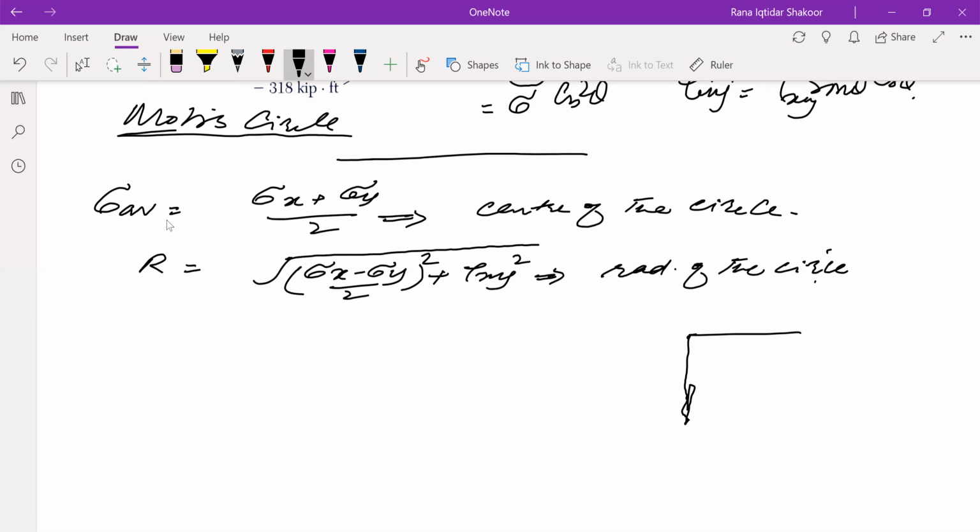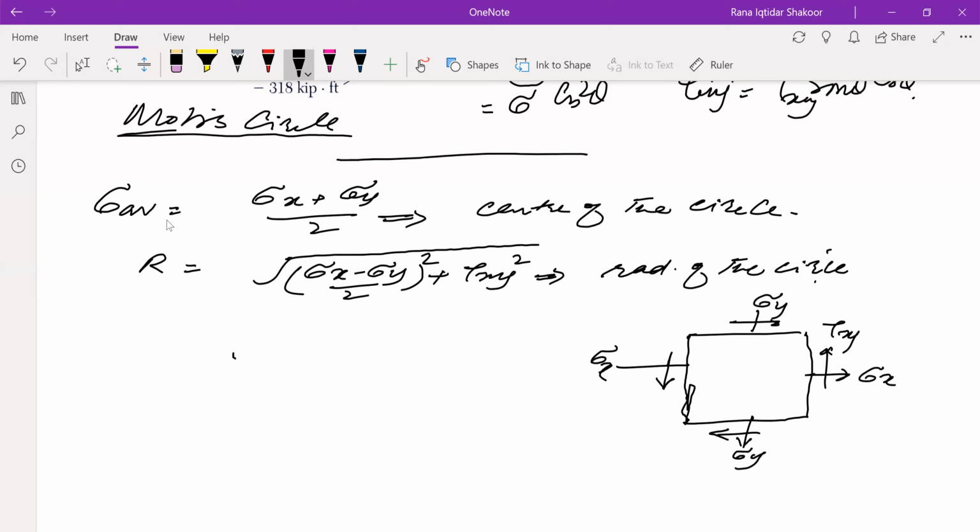And obviously this was the case of the planar stress conditions. This is sigma x, this is sigma y, this is tau xy, and then you have this sort of situation, right? And again, this was sigma x, this was sigma y. So from here, what we did, we drew the Mohr's circle on the basis of these values.